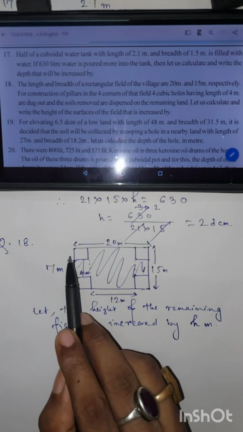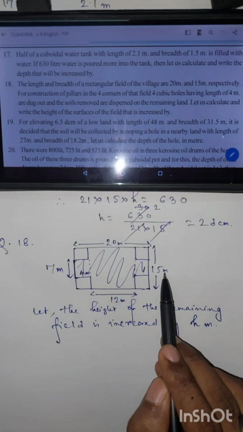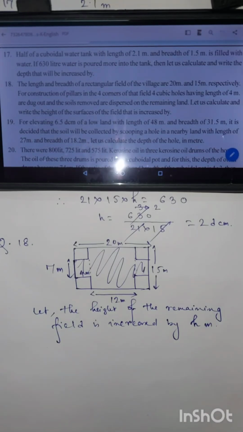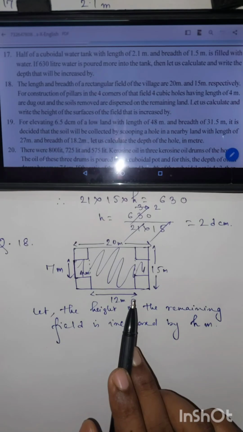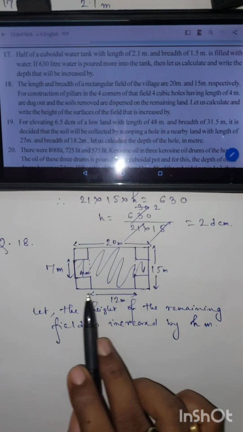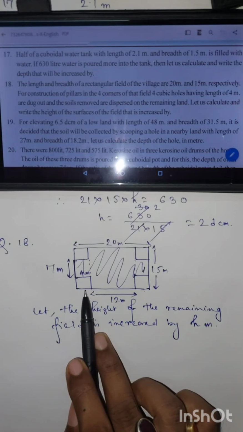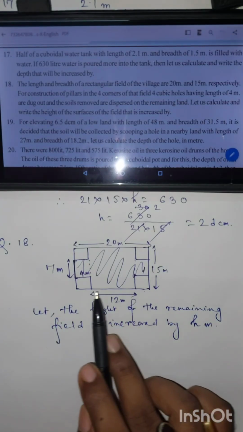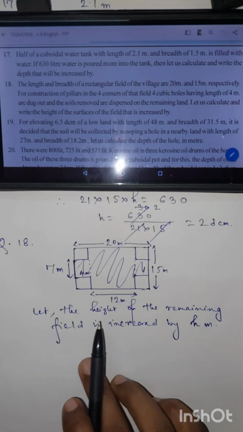Why? Because this part is 4 meter and this part is 4 meter. So 15 minus 8 is equal to 7 meter. So this part is 7 meter. And this part will be 12 meter. Why? Because 4 meter and 4 meter, this length is not being used. So 20 meter minus 4 meter and again minus 4 meter, so 20 minus 8, 12 meter.